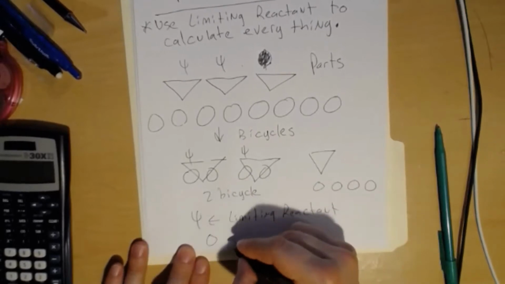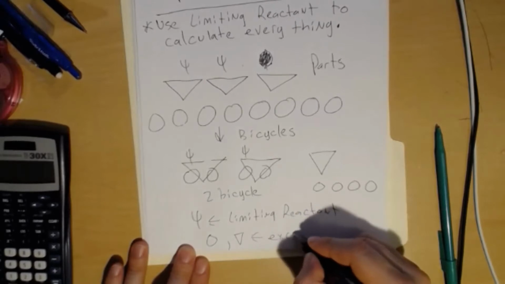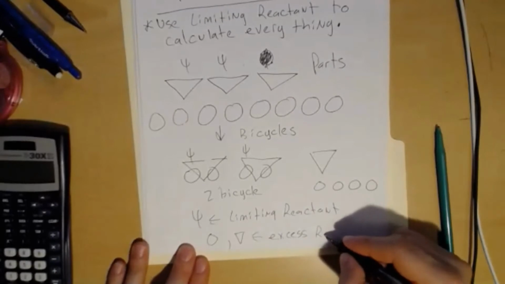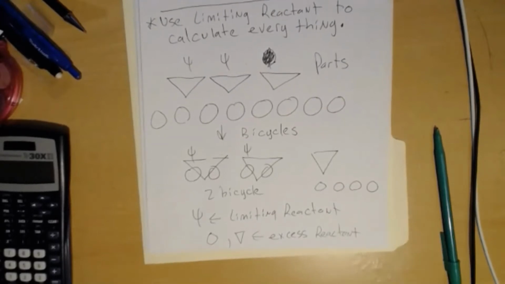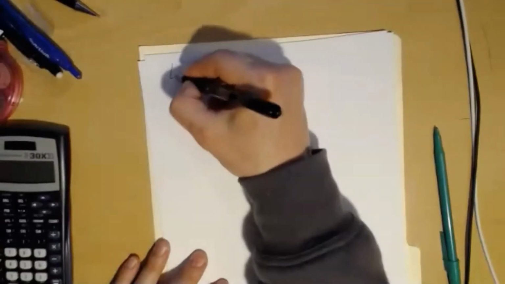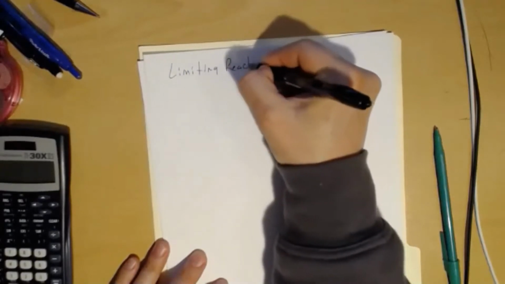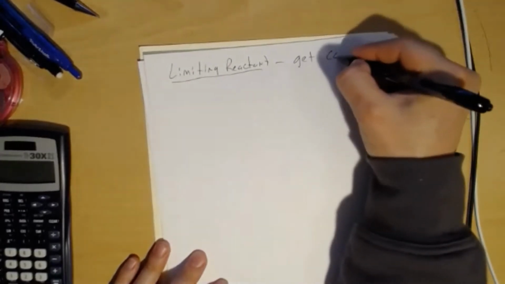And the wheel and the frame are what we call excess reactants. We had more frames and wheels than we could use. So let's continue. The limiting reactant gets completely consumed, right?